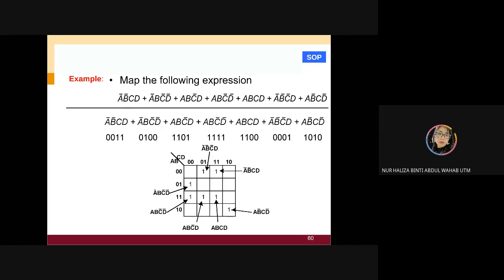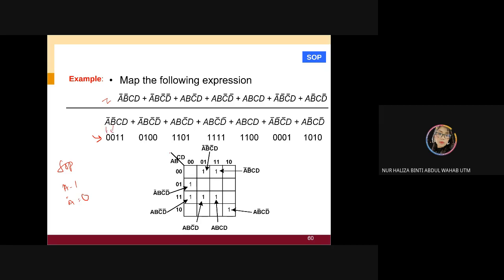Now you have another, very long Boolean expression here. You can come out with the binary numbers. This is SOP, A equal to 1, A bar equal to 0, and you convert all the values.